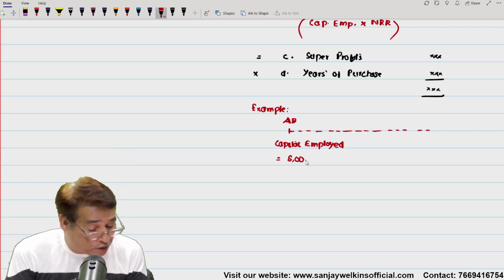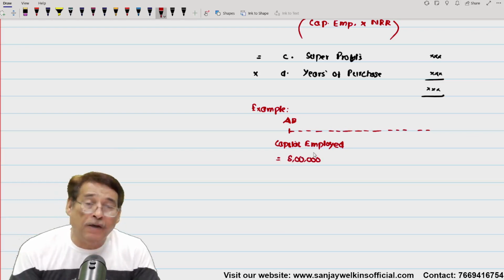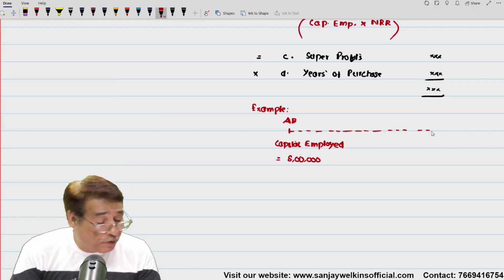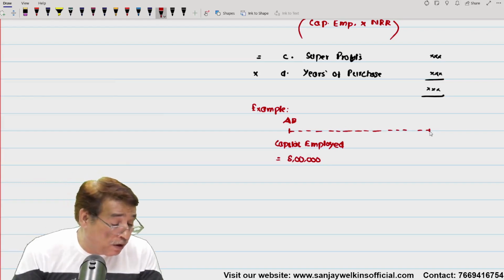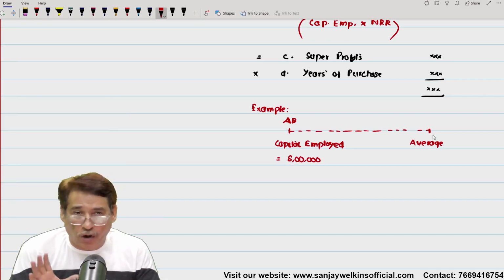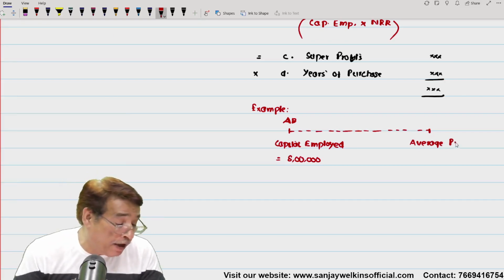We further presume that the average profits of A and B, meaning per year actual profits, on an average every year, let us say A and B are earning profits of rupees 1 lakh.